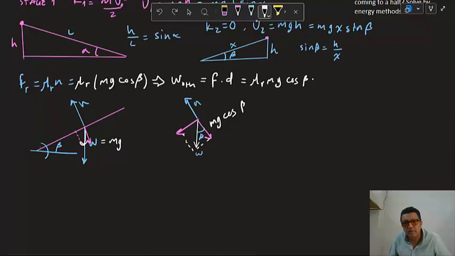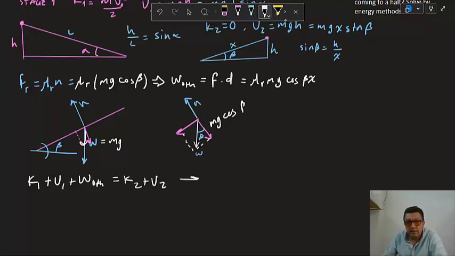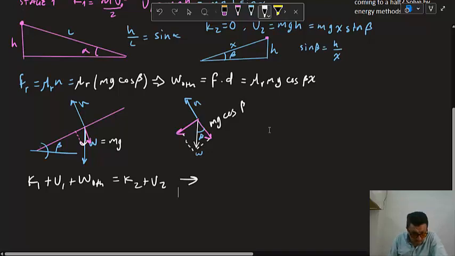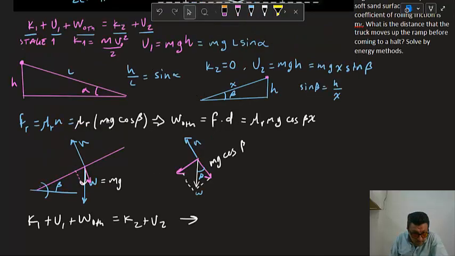Now we can settle the whole expression: K1 plus potential energy 1 plus other work equals the stage 2 variables. So it remains like this.